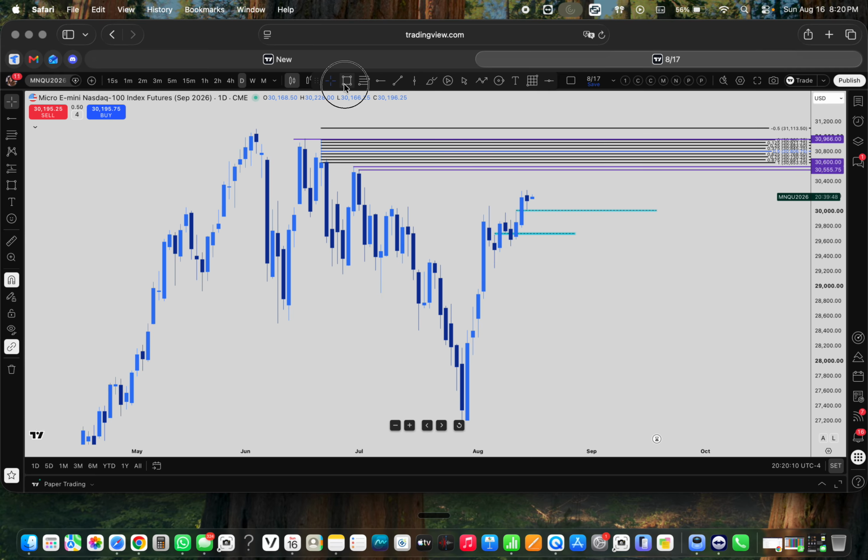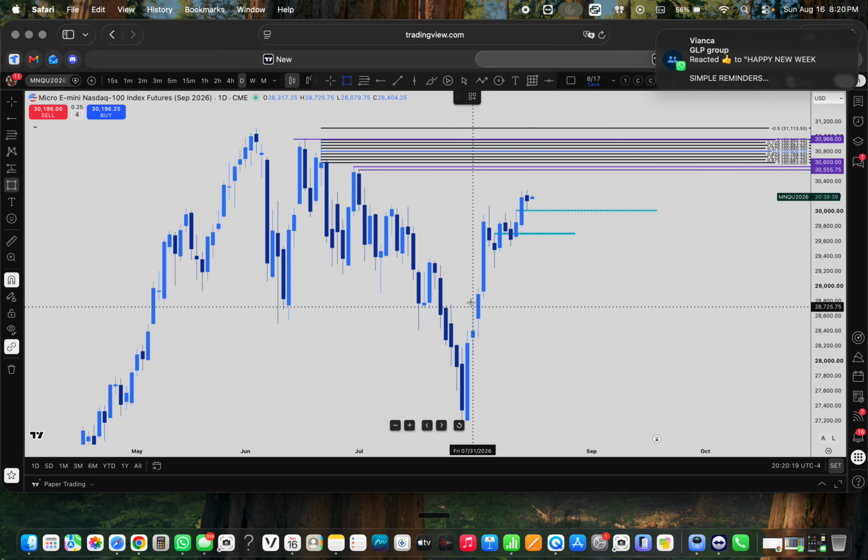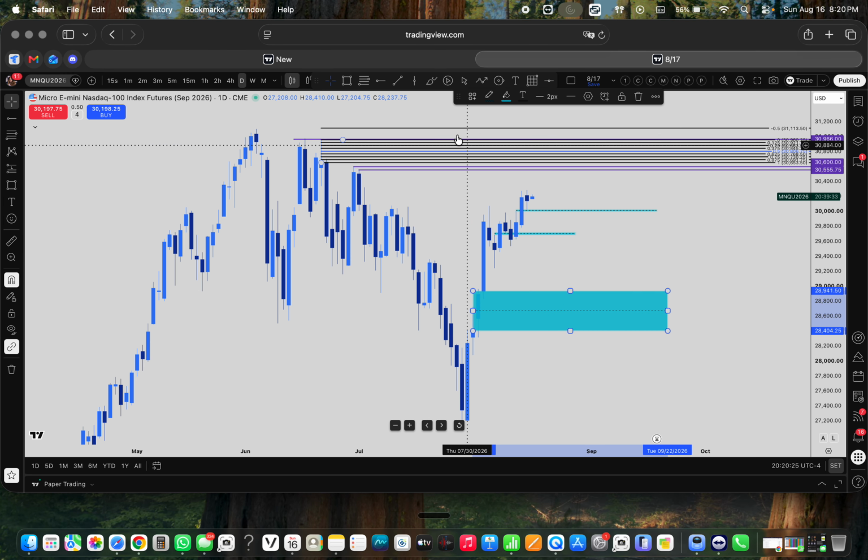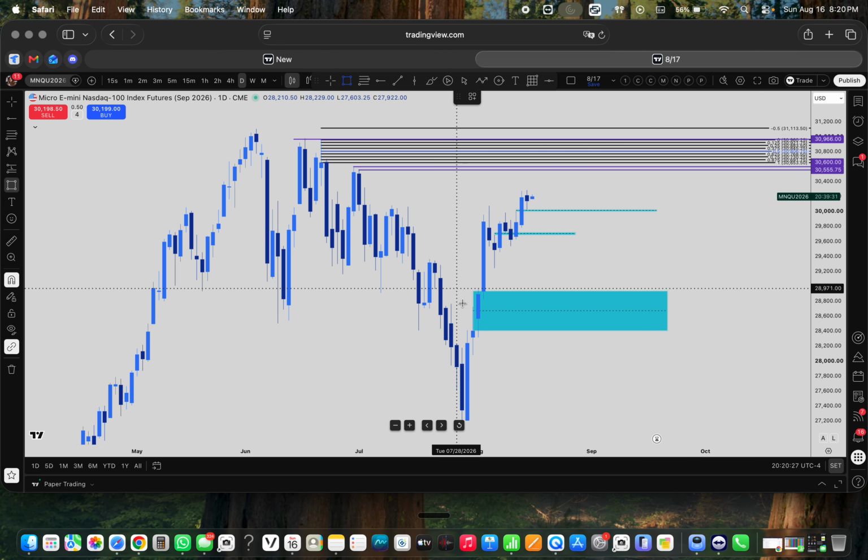And then I see a suspension block down here, meaning there's a candle here with some gap underneath it and gap above it. There's also a candle here with a gap above it and a gap beneath it. So these are important to mark.